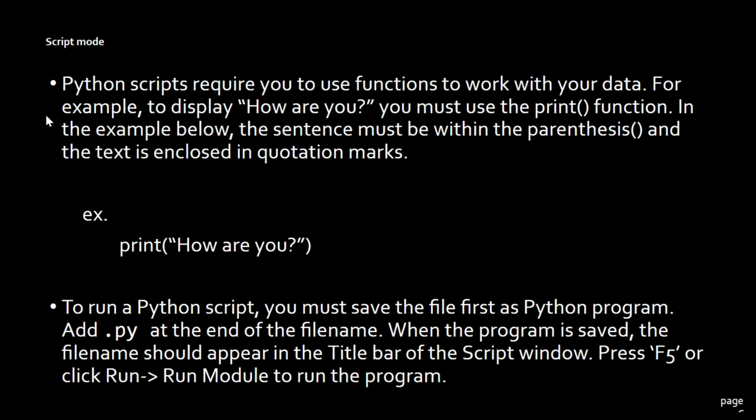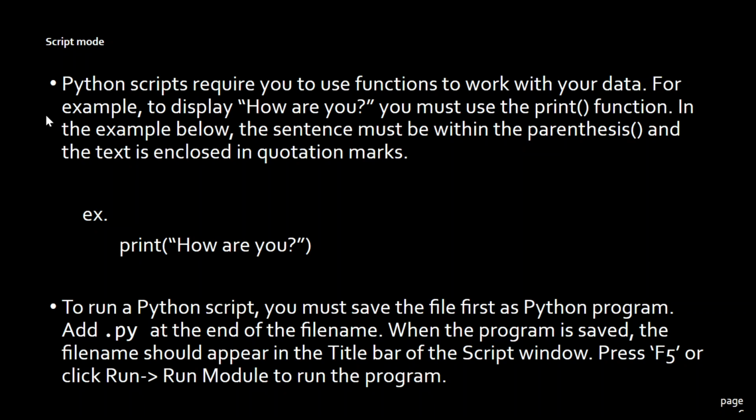Python scripts require you to use functions to work with your data. For example, since we're talking about the script mode here, to display text you must use the print function. You've seen it earlier in the sampler program in the earlier slide.